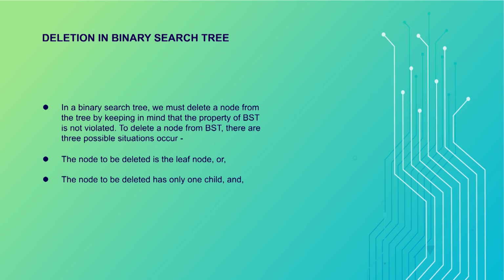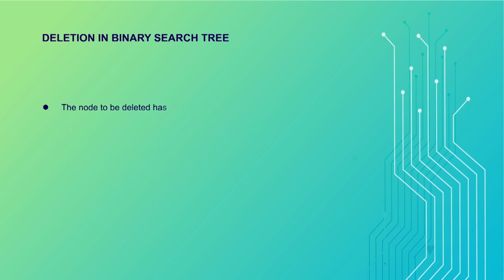First, the node to be deleted is a leaf node; second, the node to be deleted has only one child; and third, the node to be deleted has 2 children. There are 3 types of situations when we perform a deleting operation. So, we will understand the situations listed in detail by the diagram.